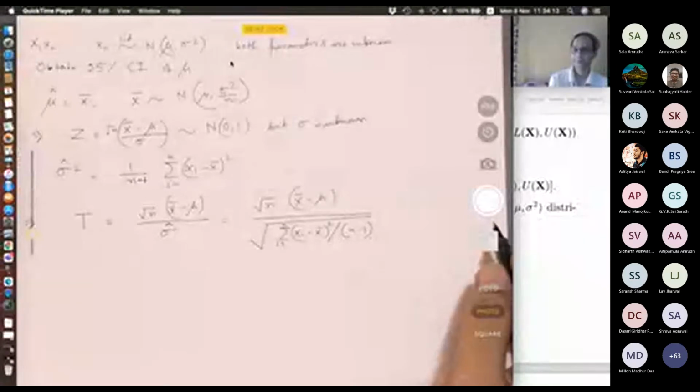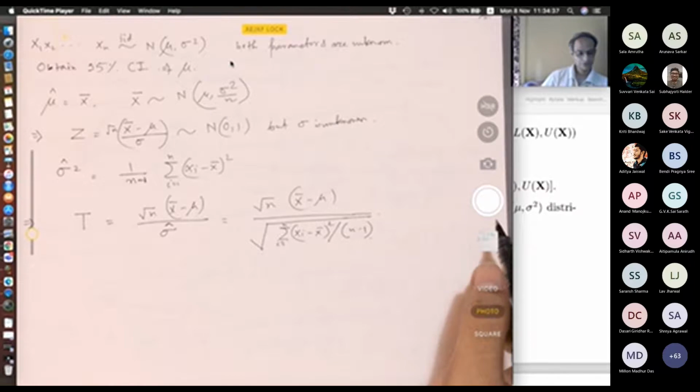What will be the distribution of this statistic? The T distribution.